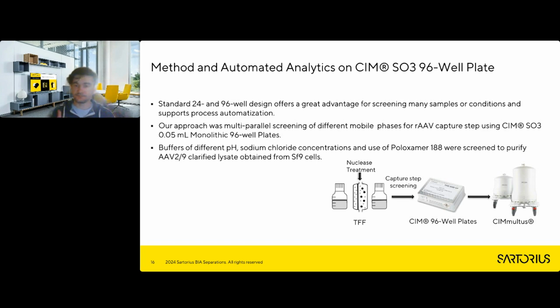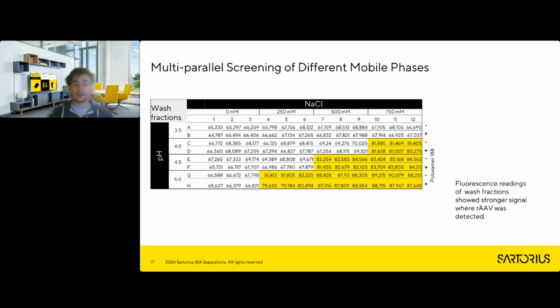We tested different pHs, from 3.5 to 5, different sodium chloride concentrations, from no salt inside the sample to 750 millimolar, and whether an addition of surfactant played a role in our chromatography. We did everything in triplicates.